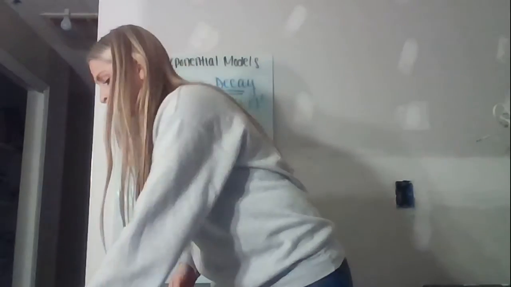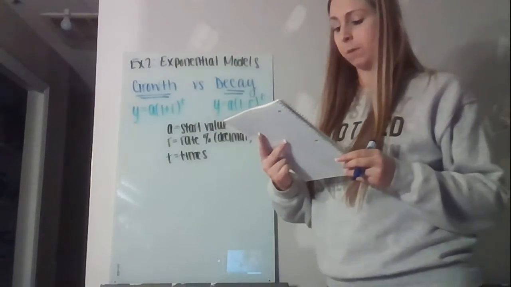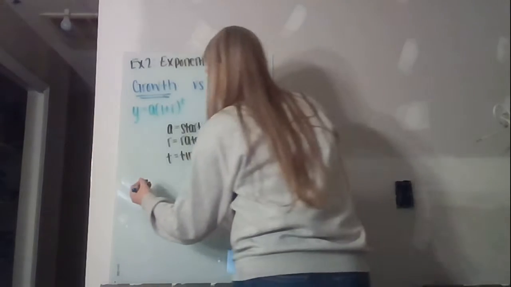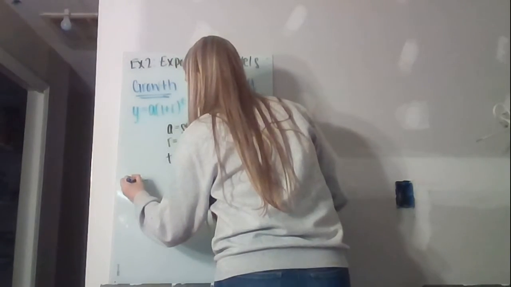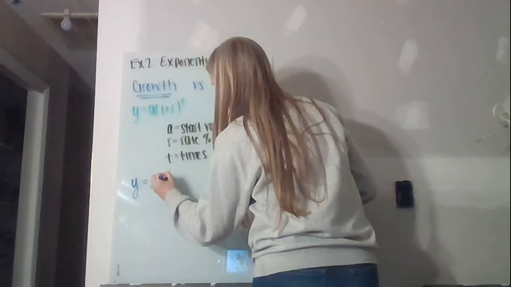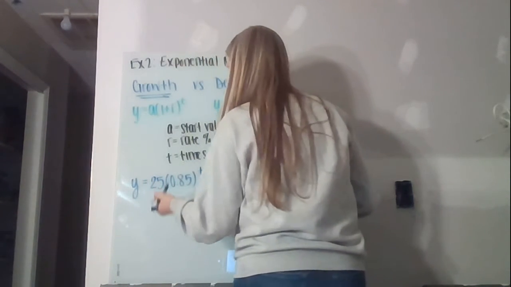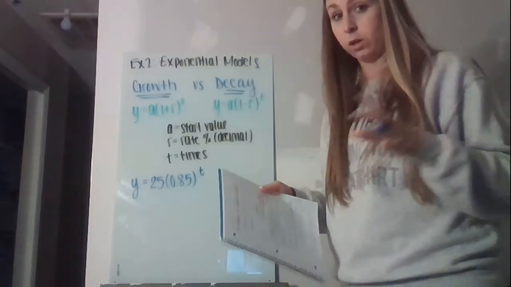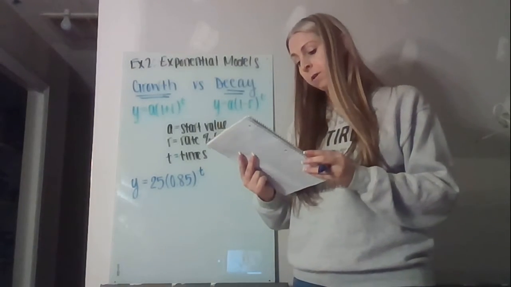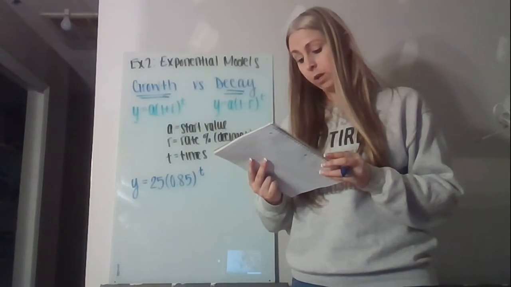Okay. So the value of a car y in thousands of dollars can be approximated by the model y equals 25 times 0.85 to the t power. So that's the model of the car and the value that it has, where t is the number of years since the car was brand new.